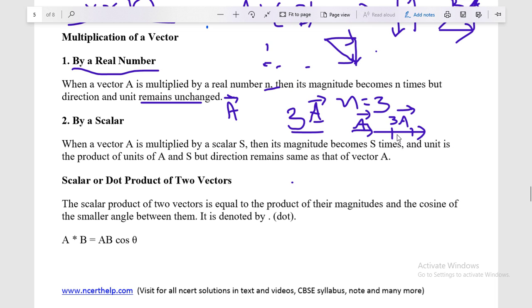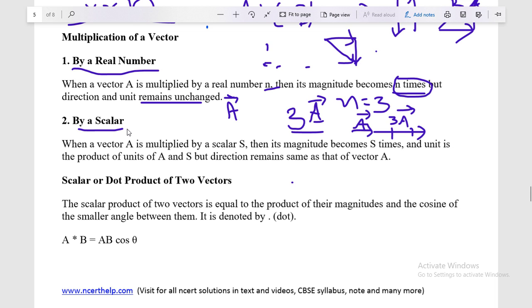In these two vectors their directions are the same and both of them are along the x-axis. So their direction will not change, but the magnitude will become n times the initial value. Now the second one is by a scalar.